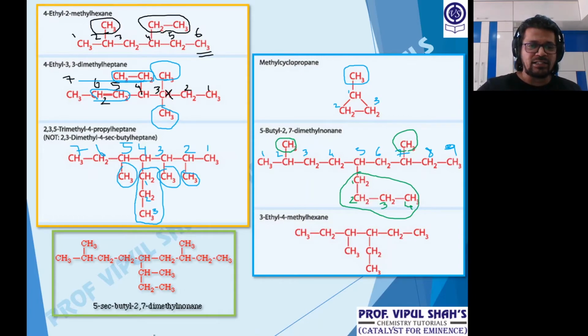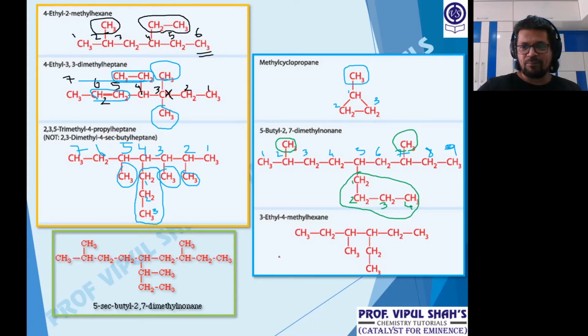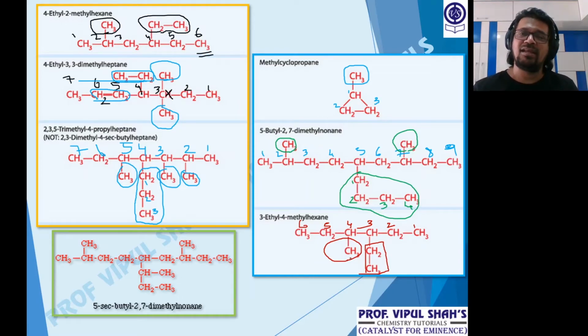So it will be numbered this way: 1, 2, 3, 4, 5, 6. Now first we write the ethyl. So this would be 3 ethyl, 4 methyl, and skeleton of 6. 6 is hexane. So the IUPAC name is 3 ethyl, 4 methyl, hexane.